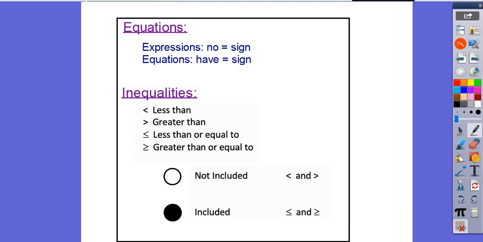No. Is 5 included? Yes. If I said a number less than or equal to 6, is 6 included? Yes. So I would do a closed circle on 6 on the number line. So that is what the open and closed circle stands for.